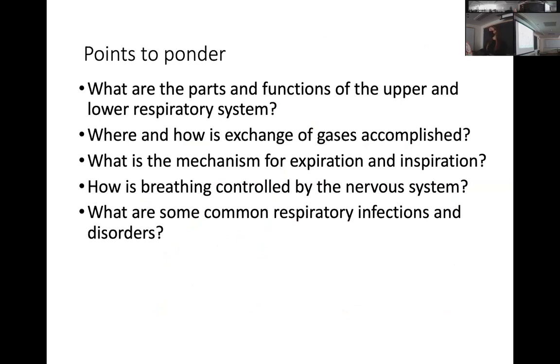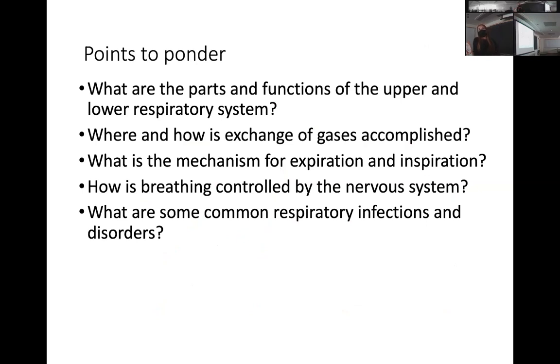So we talked about the functions and the parts of the respiratory system. The main function is to get our body oxygen and get the carbon dioxide out. Remember, our body just wants to maintain equilibrium. It just wants to live and survive. Humans make it more complicated than that, right?